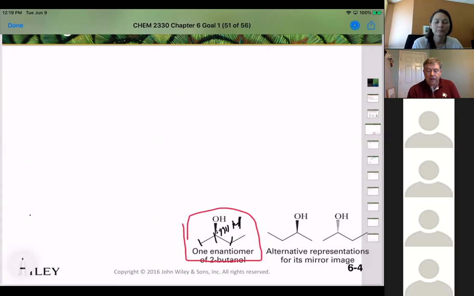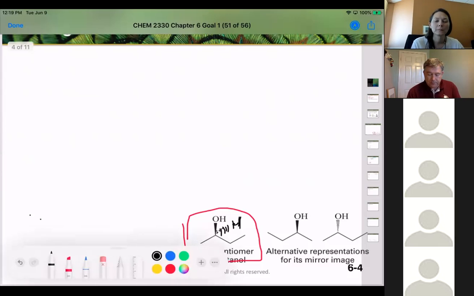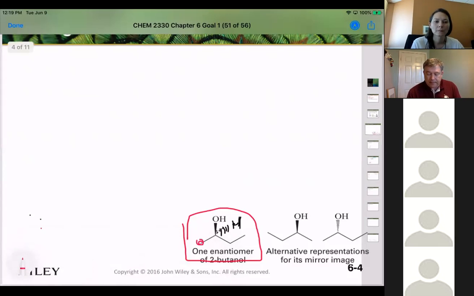In this case, the oxygen would be our highest priority atom because we follow the same priority rules we had for E and Z. And the only thing we need to do to get this structure to sit down on a table is to make sure that, let me do it in red here, this atom and this hydrogen are the ones touching the table, because that means the oxygen, our highest priority, is going to be sticking up.